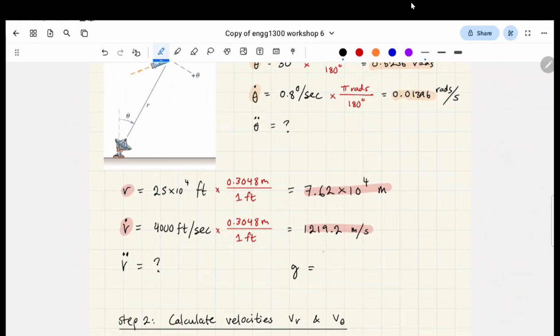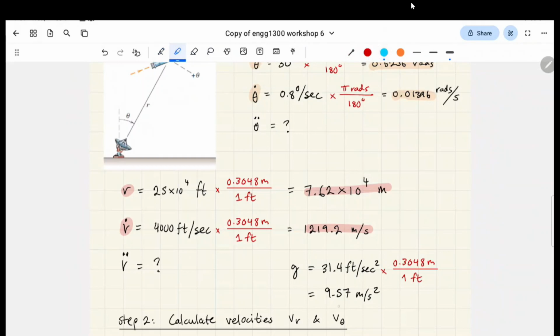So you want to take what they gave, which is in feet per second squared, and convert that, which gives 9.57 meters per second squared. That's slightly lower. It makes sense because you're further away from the Earth, so the gravitational pull won't be as strong, right?